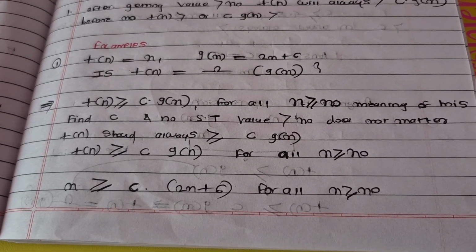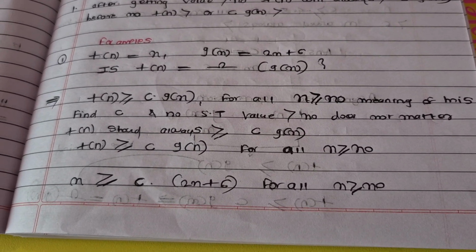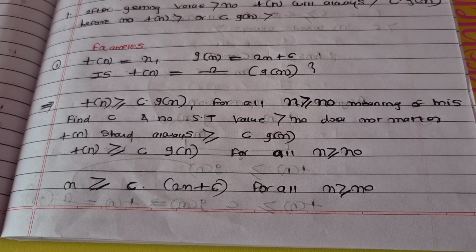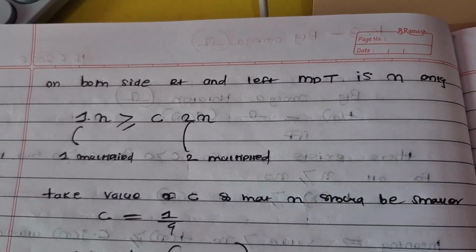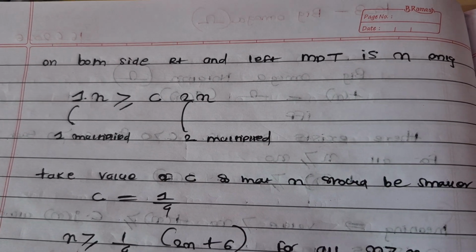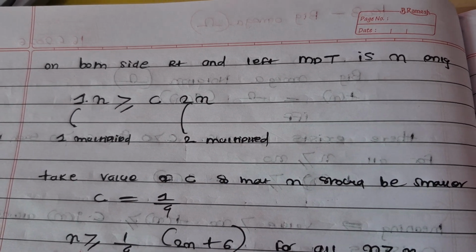So we have compared the equation with the given values, where T(n) is n and g(n) is 2n plus 6, and we have found the most dominating term. Here the same n is present on both sides, but a constant is multiplied.